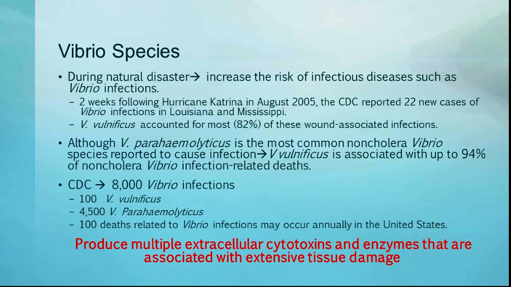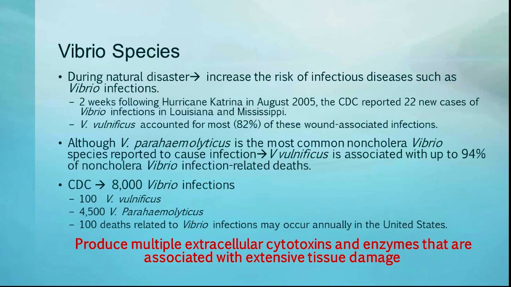So, Vibrio species. When I was reading about them, I thought it was pretty interesting that after Hurricane Katrina in August 2005, there were about 22 new cases of Vibrio infections in Louisiana and Mississippi. Those were the most affected states. And Vibrio vulnificus alone caused about 82% of those wound infections.